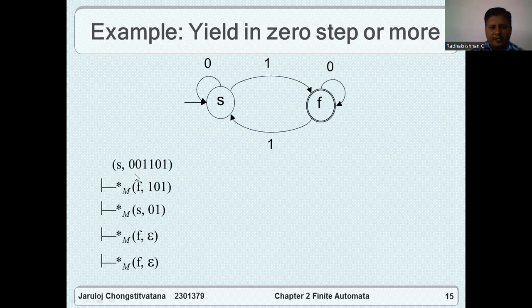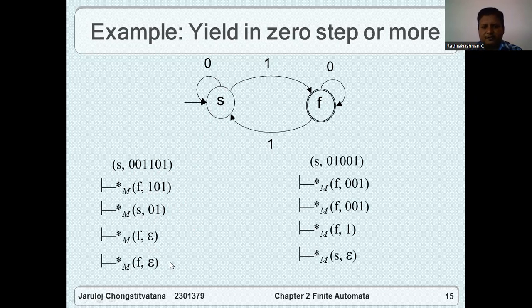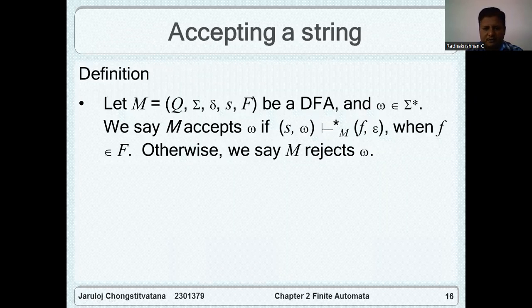Taking S with the input 1, 1, 0, 1, S comma 1 means F, remaining 1, 0, 1. Now F comma 1 goes to S, again remaining 0, 1. S comma 0 and S comma 1 goes to the final state, so it will be accepted. That is the concept of zero or more steps in processing. Similarly for another example.